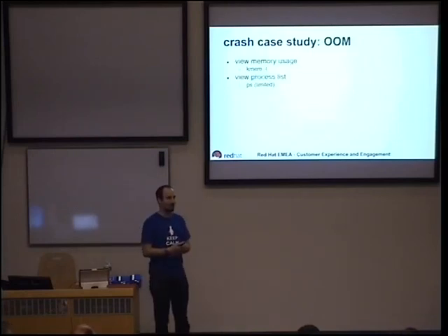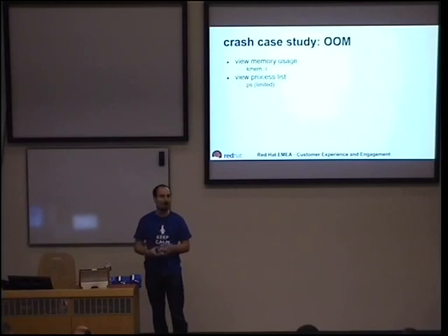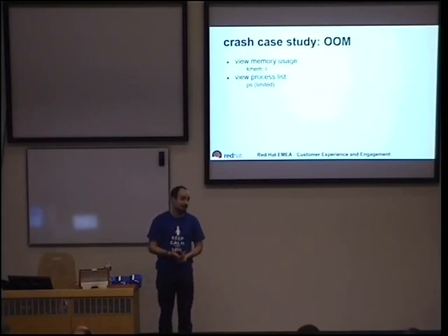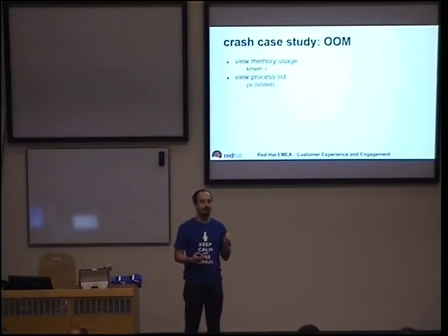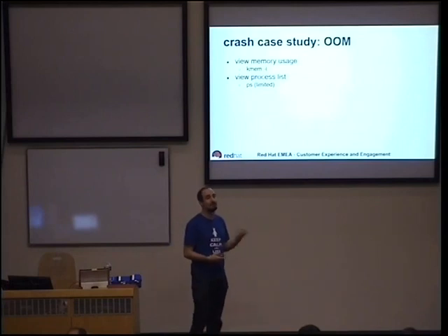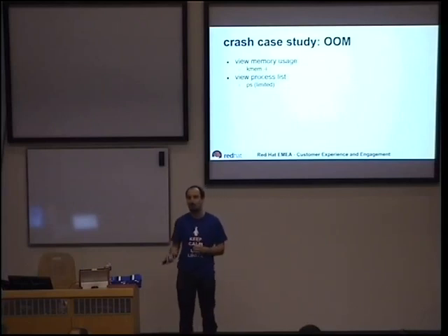For example, what you can do very easily, and something that we do all the time, is out of memory debugging. So we saw on the screen earlier that there was that crash that was caused by out of memory issues. So we know that something was occupying the RAM, but we don't know what.